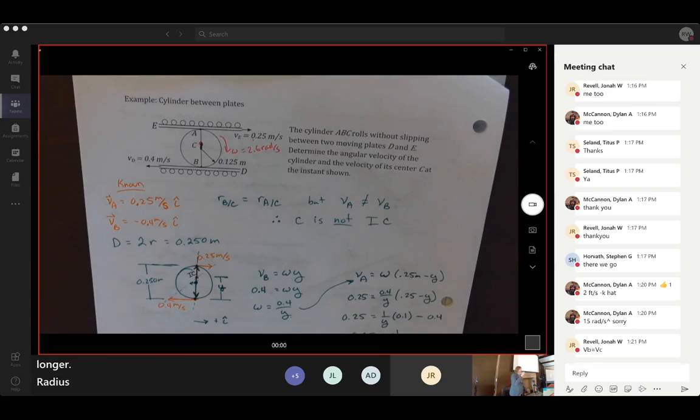So if the angular velocity of the whole body is the same, the radius from a point to the instantaneous center will be proportional to its speed. Yep, good observations. Okay, that is what we've got for today.